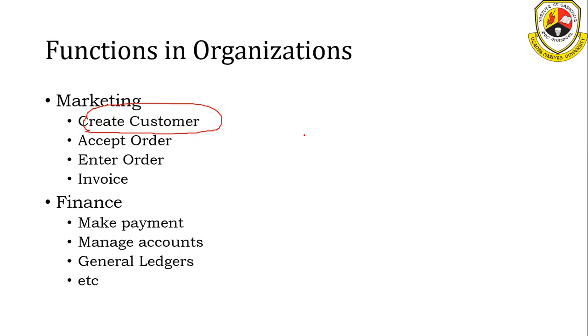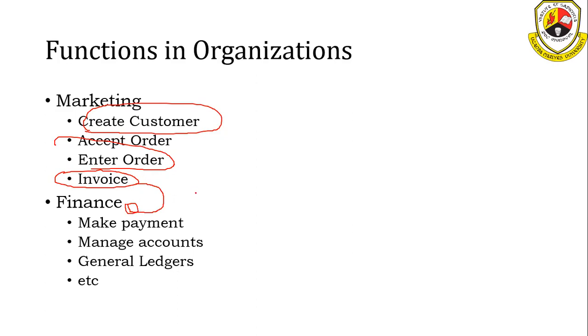In a university setting, the customer would be the student, and the person is applying for a particular program, and the application may be accepted or rejected, just like any order. And this order is entered, and then it is invoiced. The same thing would happen to a student in a university. The student is invoiced. Automatically, the person is transferred to finance.